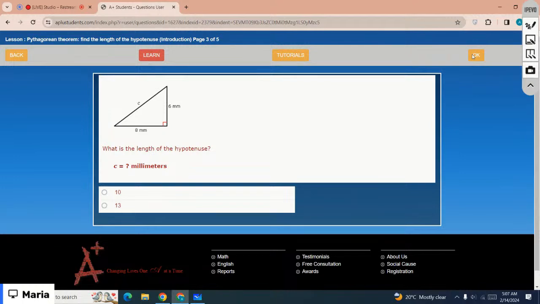Yes, the correct option is c equals 10. That is exactly the one we just did in the tutorial and the first one. So c equals 10.